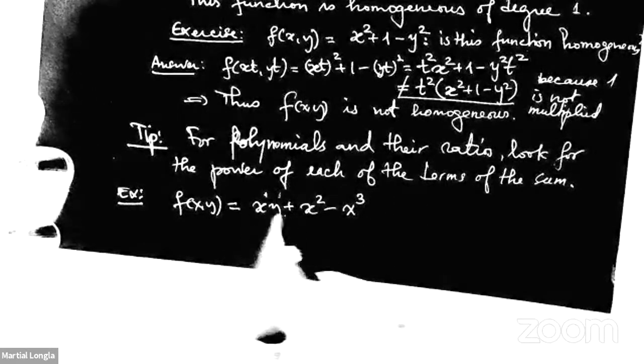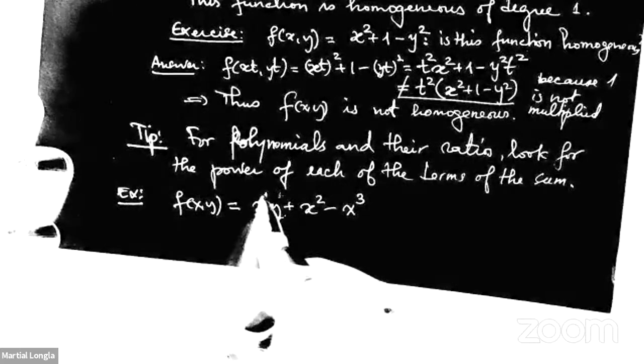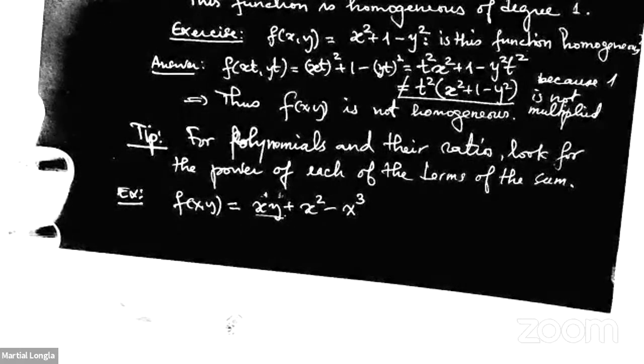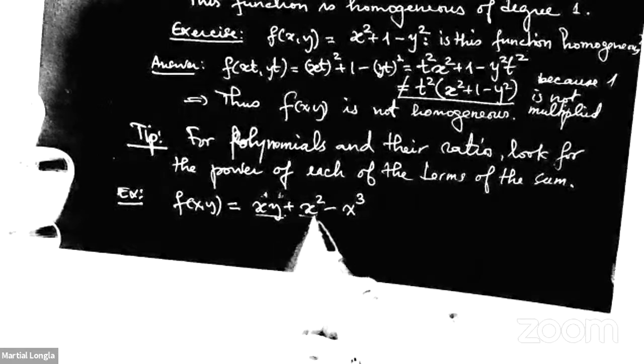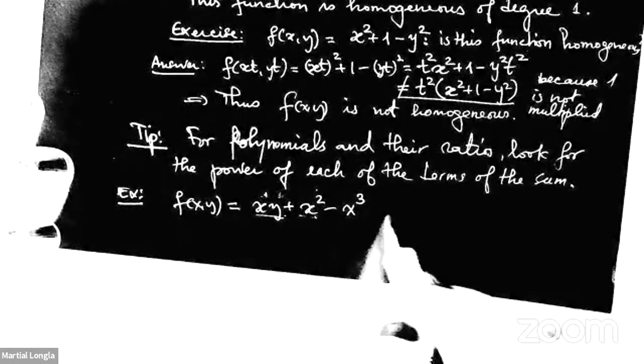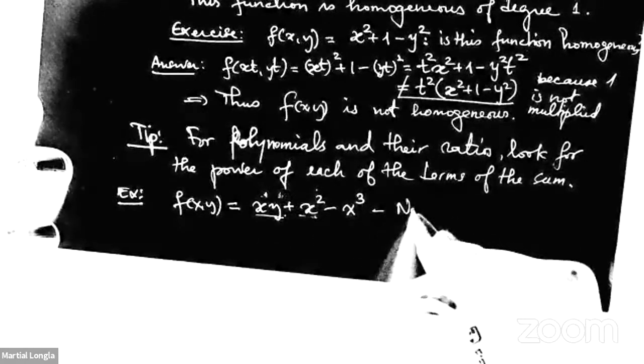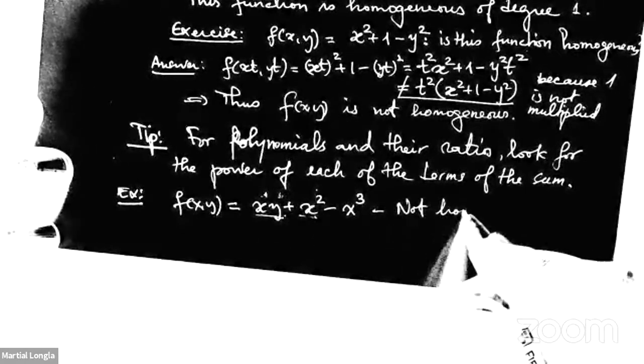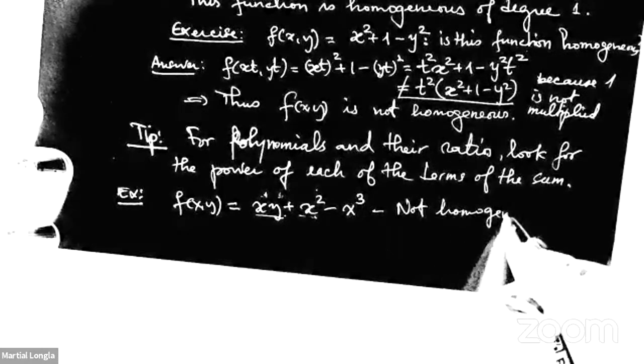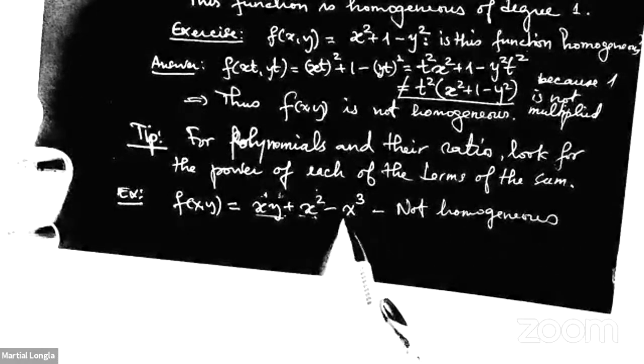So the total power for this term is 2. 1 plus 1, 2. X squared, that's power 2. X cubed, that's power 3. It's not the same as 2. So this thing is not going to be homogeneous, because the power of this one is different from the power of the others.